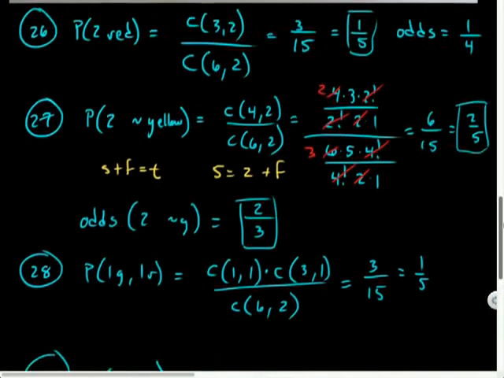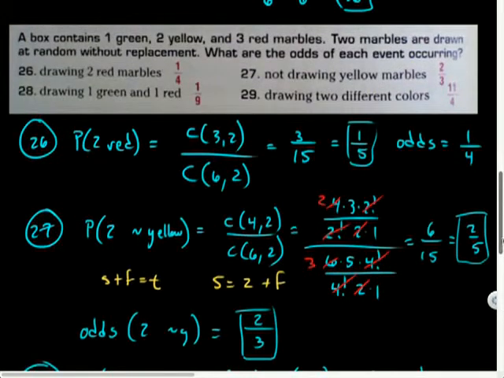So I hope they don't want you to do like a number tree of all the outcomes drawing two different colors. Because yeah, it would change depending on what was the first color you selected. Yeah, I'll have to come back to 29, guys.